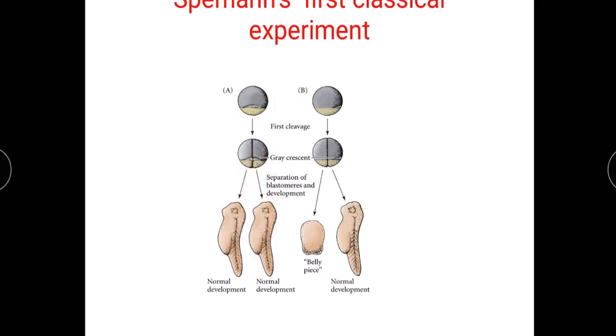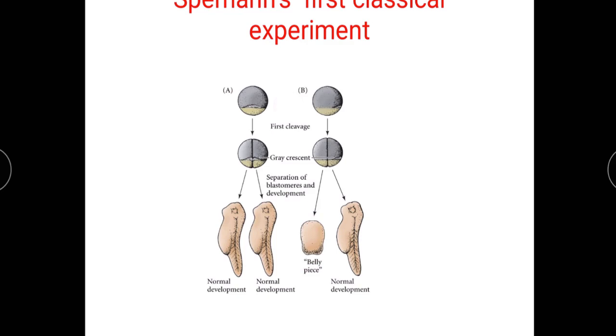But when he repeated the same experiment except for the plane of constriction, in the next experiment he took it at a right angle, perpendicular to the first one. He found completely different results, in which one normal organism was found and the other was only a small ball of cells.